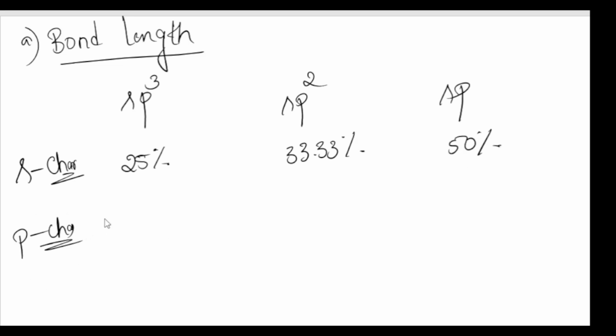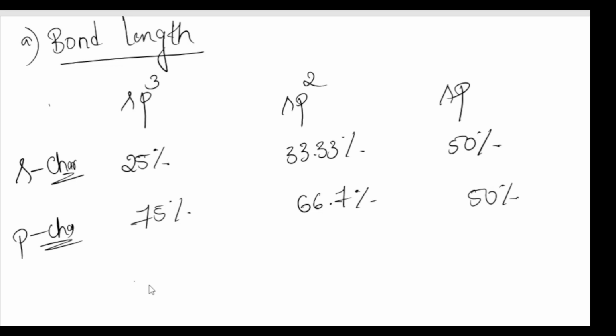The percent of p character is nothing but 100 minus the s character. 100 minus 25 is 75% p character. Here 66.7% is there, and here 50%.